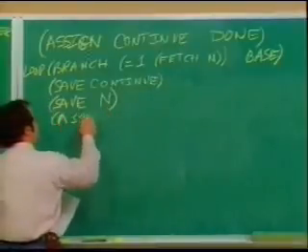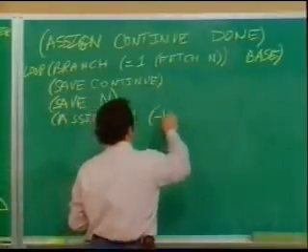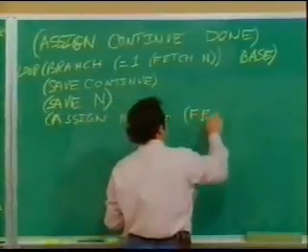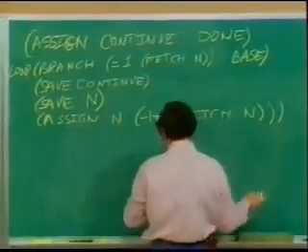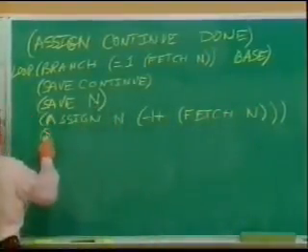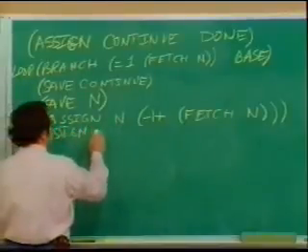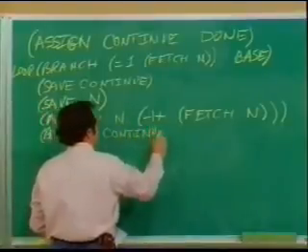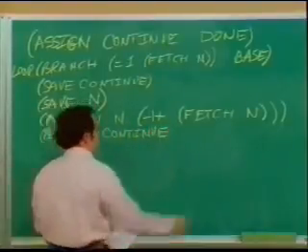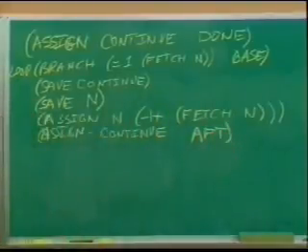Assign to n the decrement of fetch n. Assign continue. We'll look at this now to after, we'll call it. That's a good name for this. A little bit easier and shorter and fits in here.